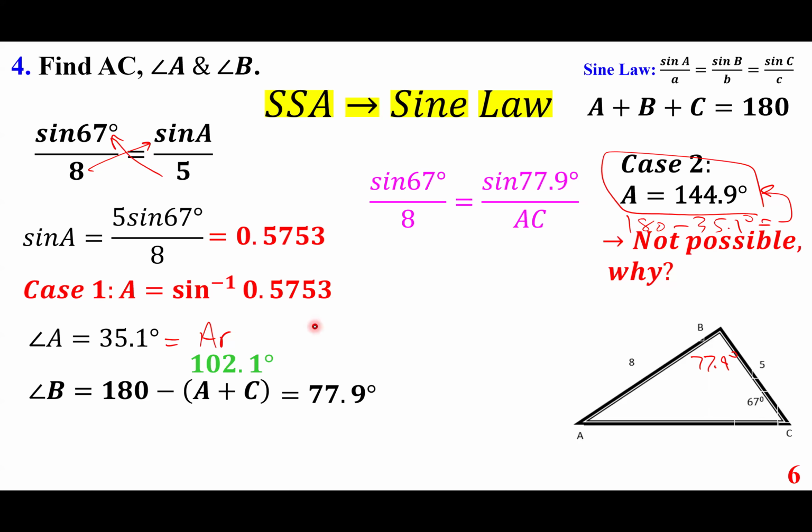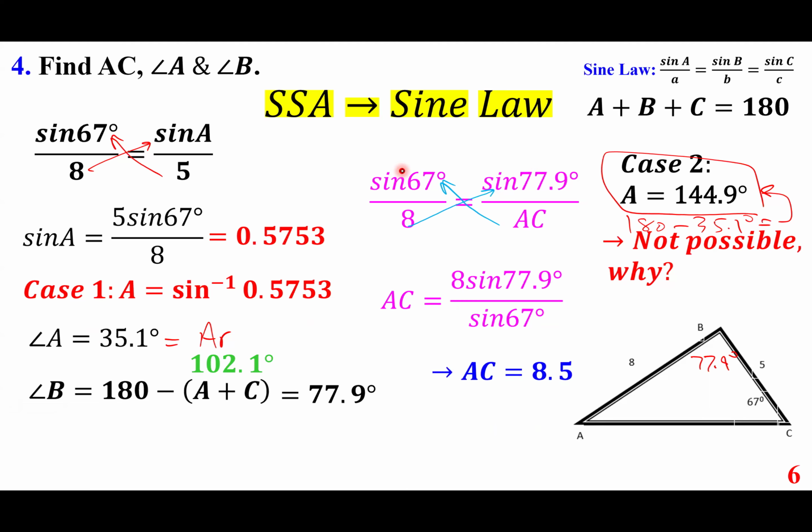And so again, the cross multiplication, multiply these two, and that means AC is the product of these two divided by sine of 67. And putting it into a calculator results in 8.5, and we can write the missing ones we just found here. AC is 8.5, angle A is 35.1 degrees, and angle B is 77.9 degrees.